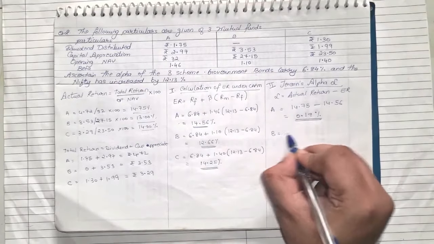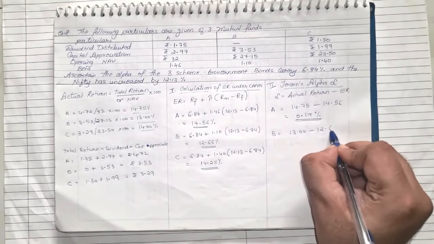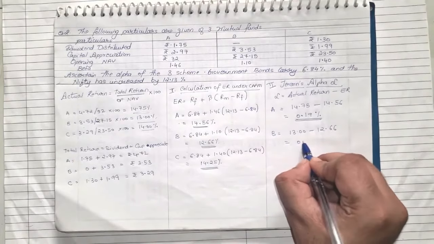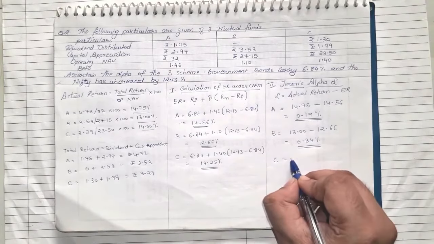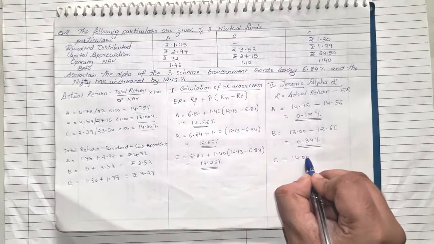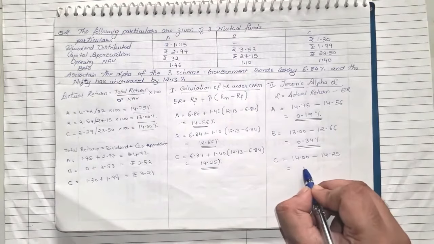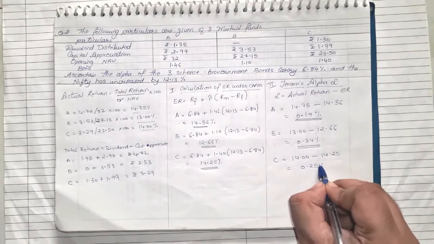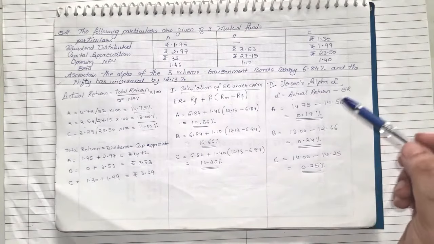Same way for B, the actual was 13% minus the expected, that is 12.66, so the difference comes to 0.34%. Same way for C, the actual was 14% minus 14.25, difference is 0.25%. So with this, we have found the alpha of all the three.